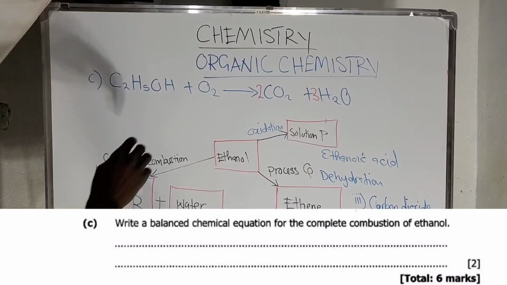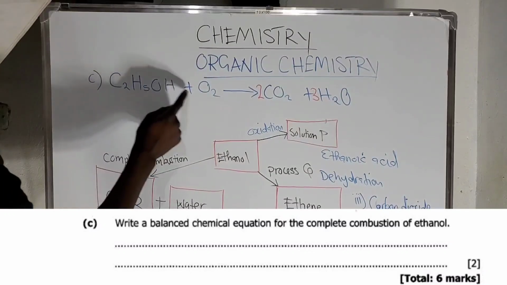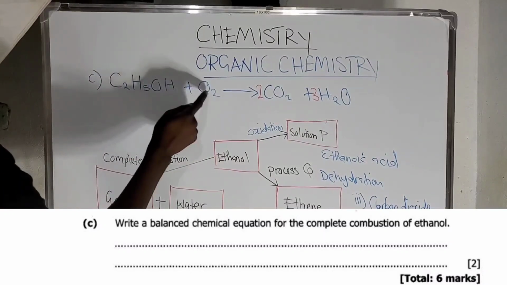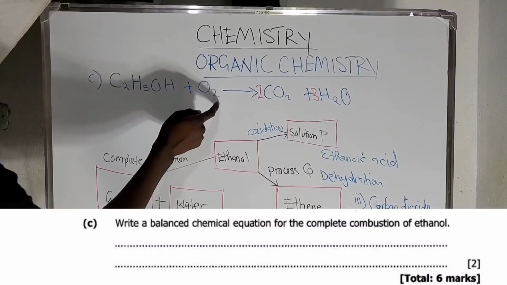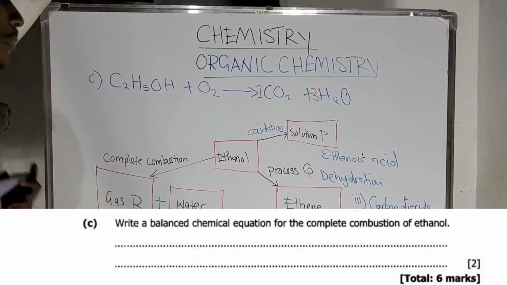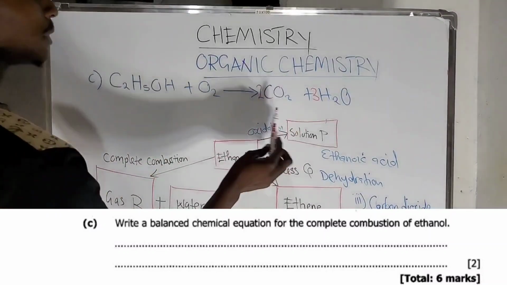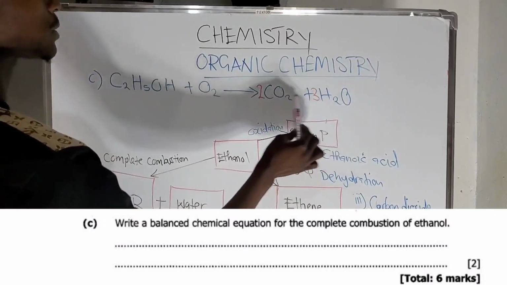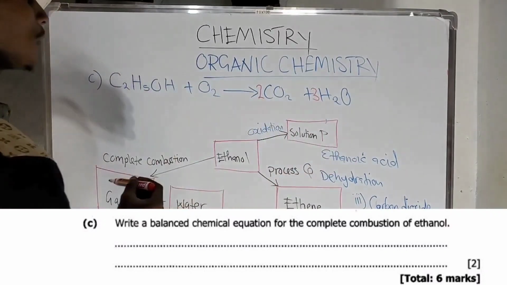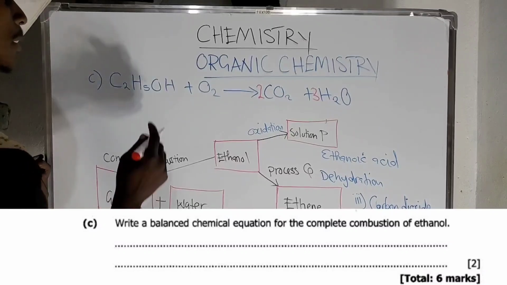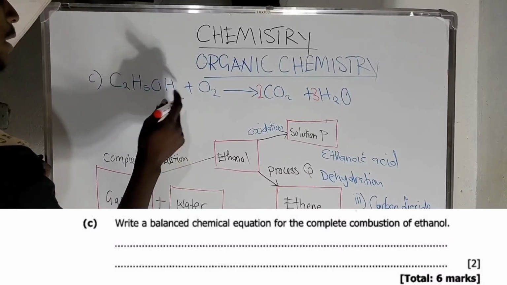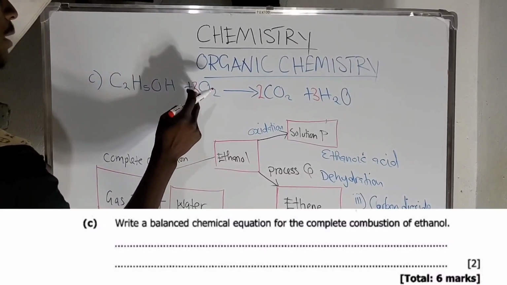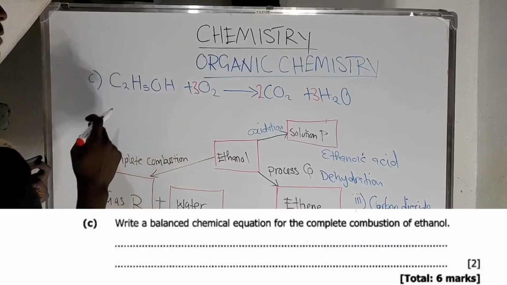Oxygen: on the reactant side you have 1 plus 2, which is 3. On the product side we have 2 times 2, 4, plus 3 times 1, 3, so 4 plus 3 is 7. So if we put a 3 here, it will be 3 times 2, 6, plus 1, 7.